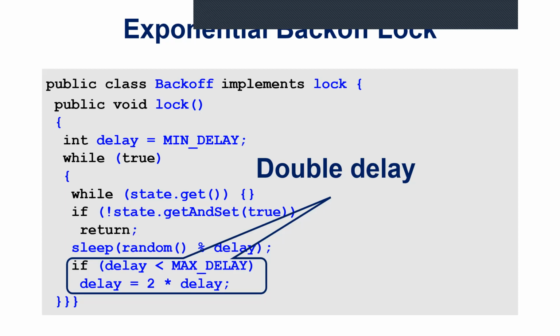Next line, delay equals 2 into delay. If the current delay is less than the max delay, this line doubles the delay for the next iteration. The intention is to gradually increase the delay in an exponential manner, as is common in exponential strategies.